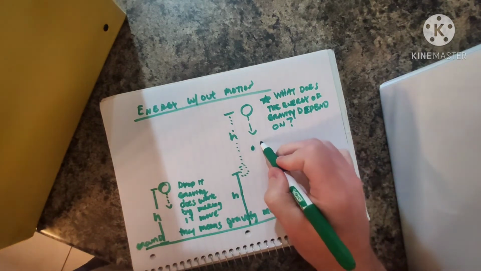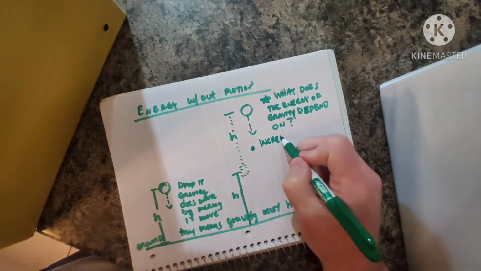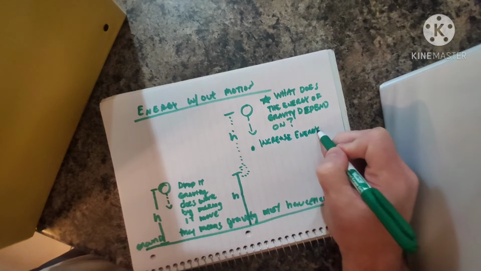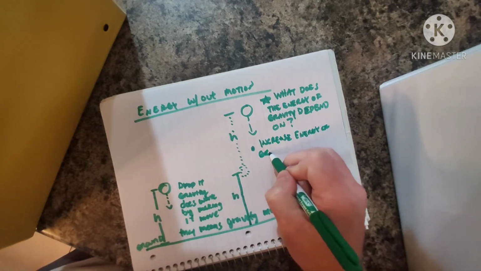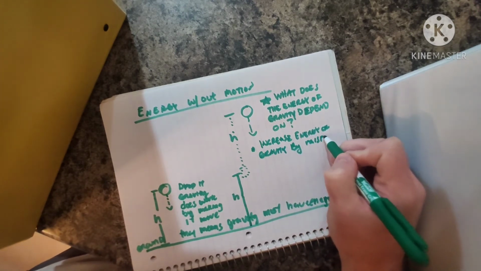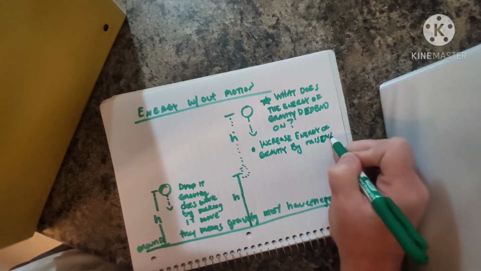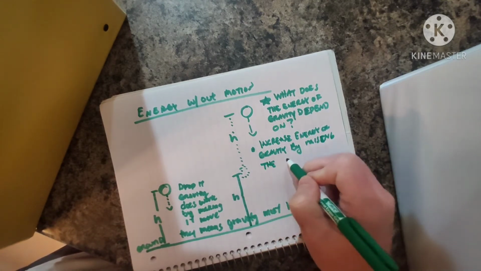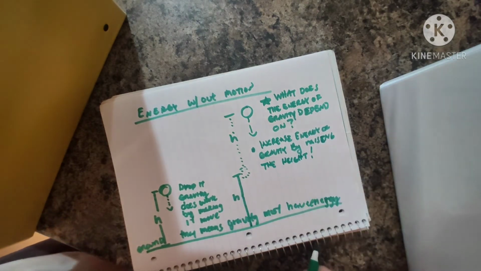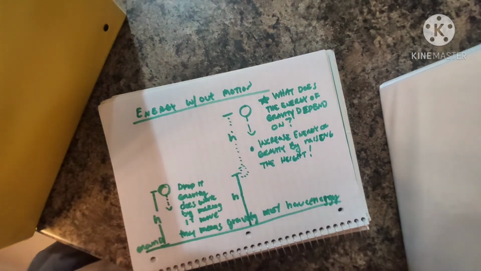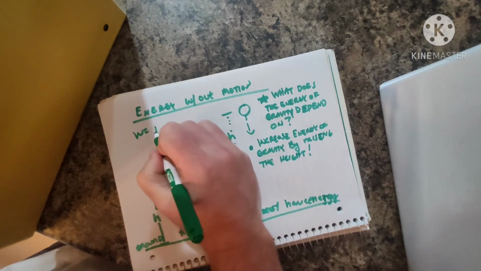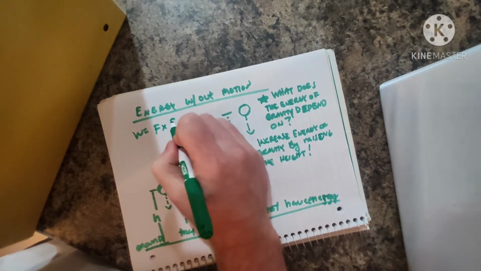Well, increase the energy of gravity by raising the height that you drop the ball from. See, the force of gravity would be the same, right? Work is equal to a force times the displacement.